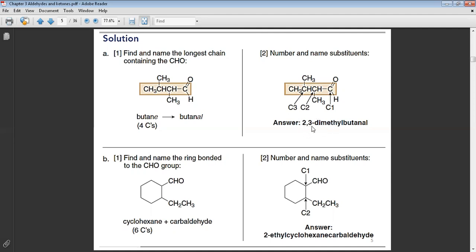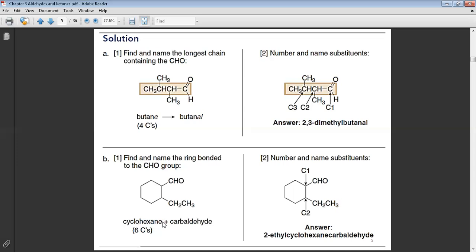2,3-dimethylbutanal. Butanal means it has this al, so it is not a cyclic compound, it is an open chain. Number 2, look at this compound. We have here cyclohexane.